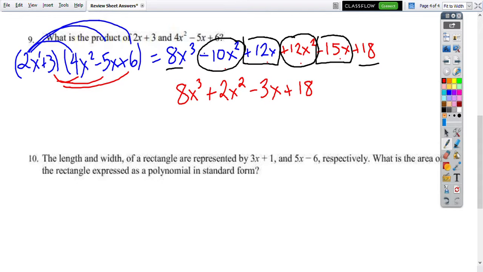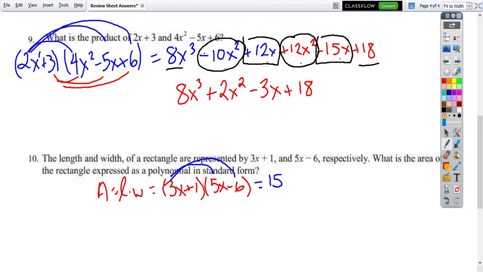Okay, that's it. Length and width of the rectangle. The area, remember, is length times width. So I'm just going to plug that in. This is 3x plus 1 times 5x minus 6. We're going to do the same thing here and distribute the 3x first. So 3x times 5x: 3 times 5 is 15, and x times x, add the exponents.